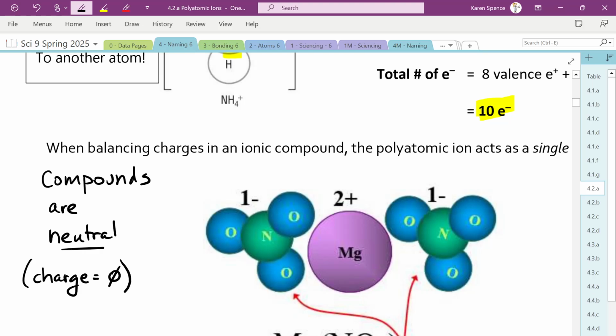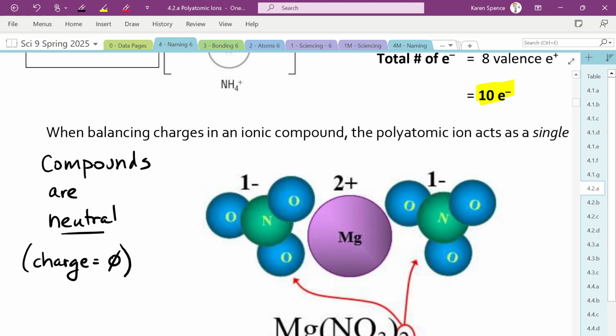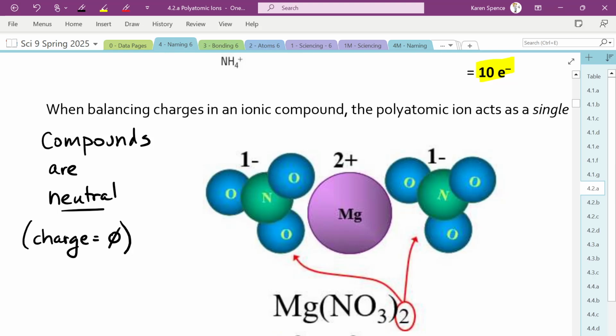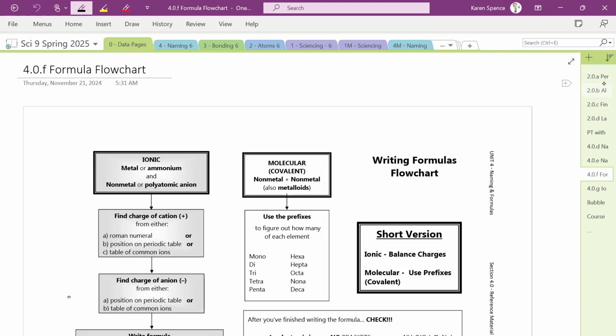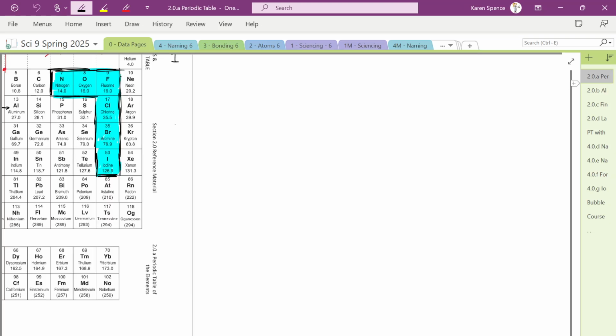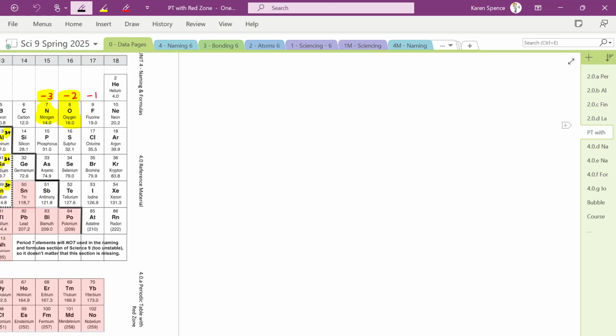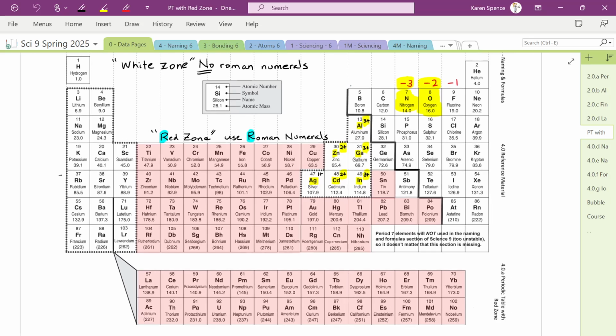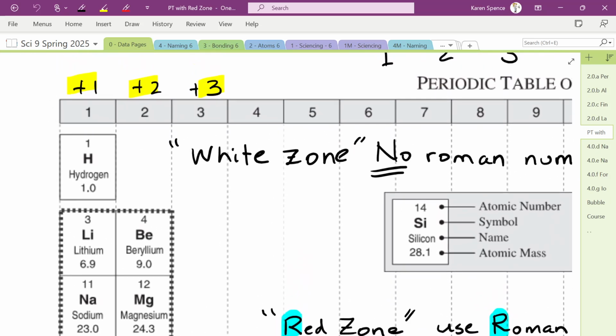So if I have a compound made of Mg, magnesium, and if we go to our periodic table, we will see that magnesium is in group 2, and therefore its charge is plus 2.